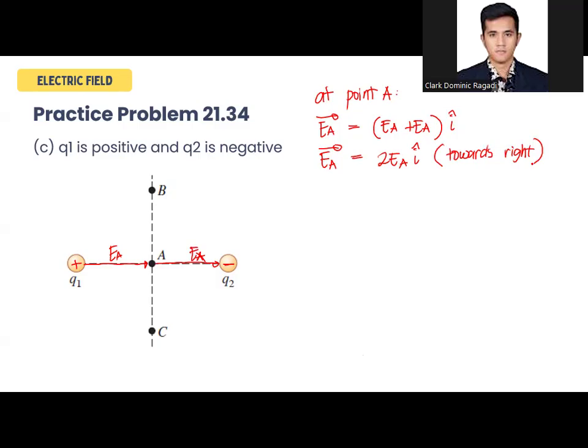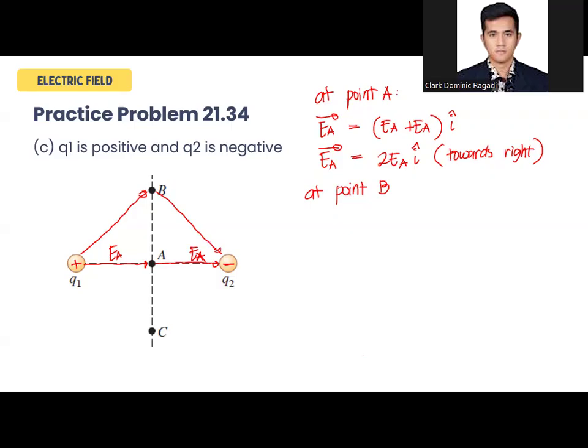Okay, at point B, again, let's draw the electric field lines. For positive, that's away from the charge, and for negative, that's towards the charge. Let's draw the components.